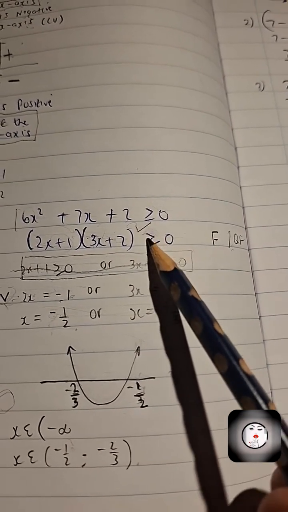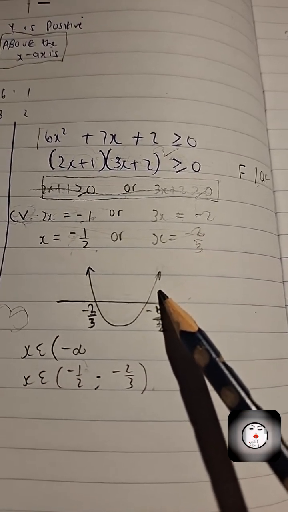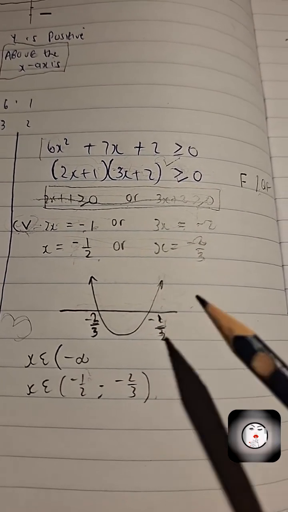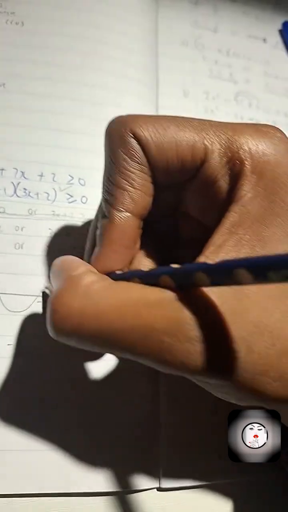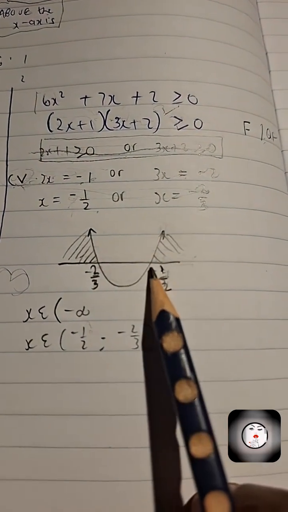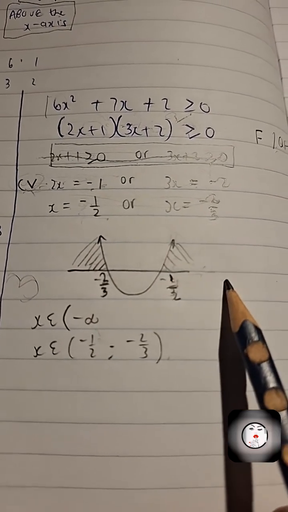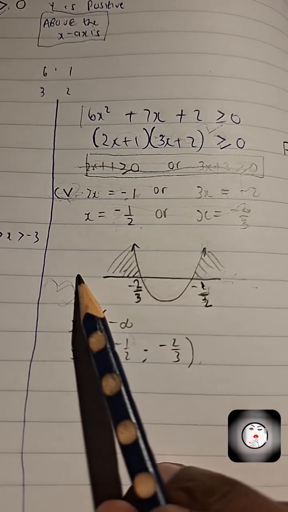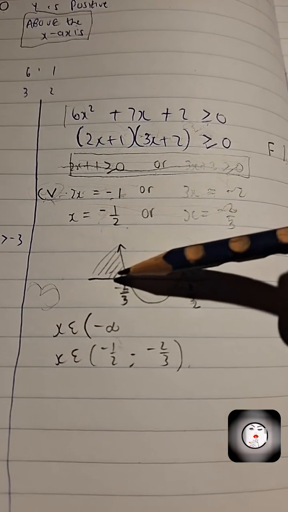So once again, what does this greater than 0 mean for the function that we have here? It means that it is above the x-axis. So above the x-axis, Dimbo, is simply this region and that region. So this region is where x is greater than negative half. This region is x is less than negative 2 over 3. I hope that makes sense.